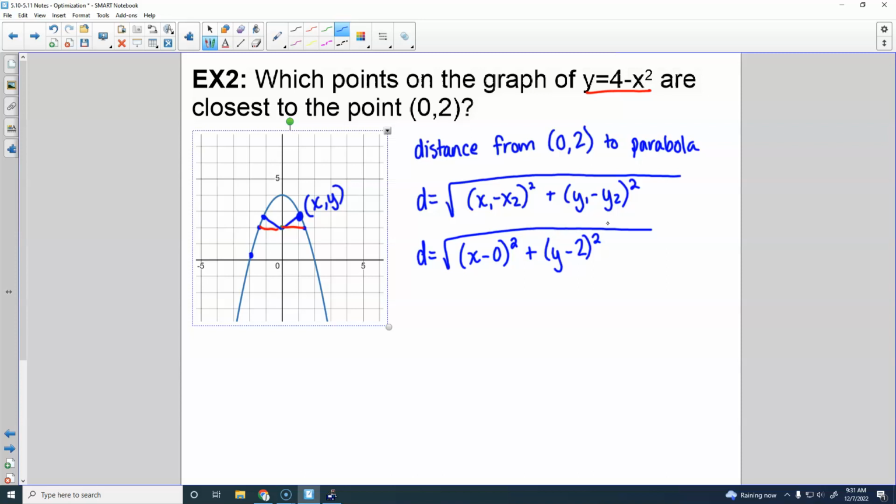Now, that formula is in two variables. I need it to be just one variable so I can deal with it. What can we do?